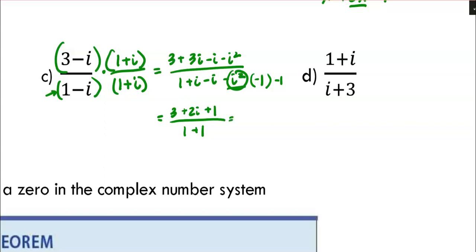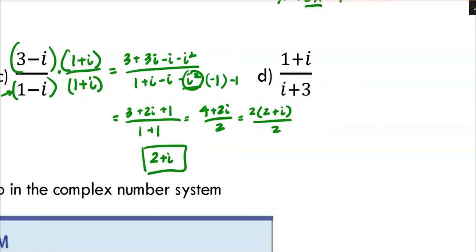So you end up with 4 plus 2i over 2. Then you can simplify it by factoring a 2 out: 2 plus i over 2. So you get 2 plus i for your final answer.